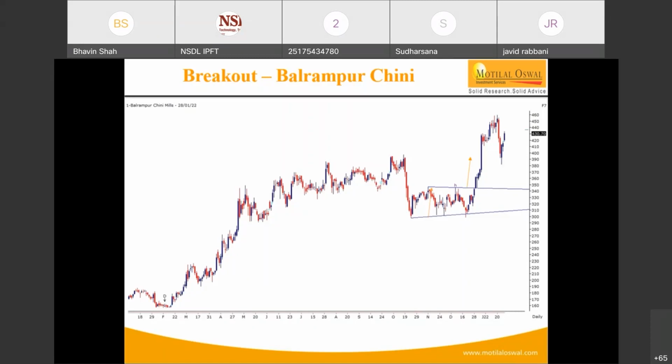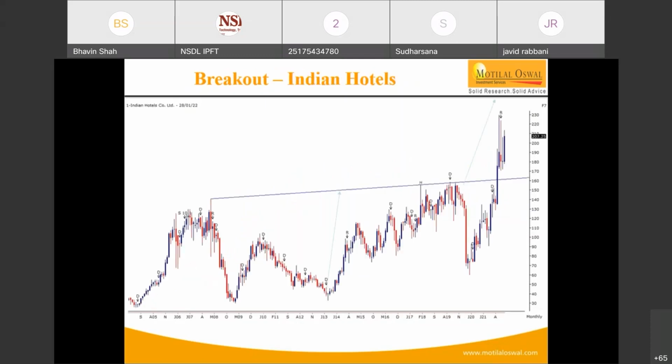Looking at the chart where there is an orange arrow, initially we look for a target of the entire consolidative phase. The arrow, which I have replicated after the breakout, shows the ideal target would have been 390, but the stock has moved well past that level and is actually trading near the all-time high zone. So whenever there is a breakout, along with the momentum, if we capture the trade, it's going to give a good move.